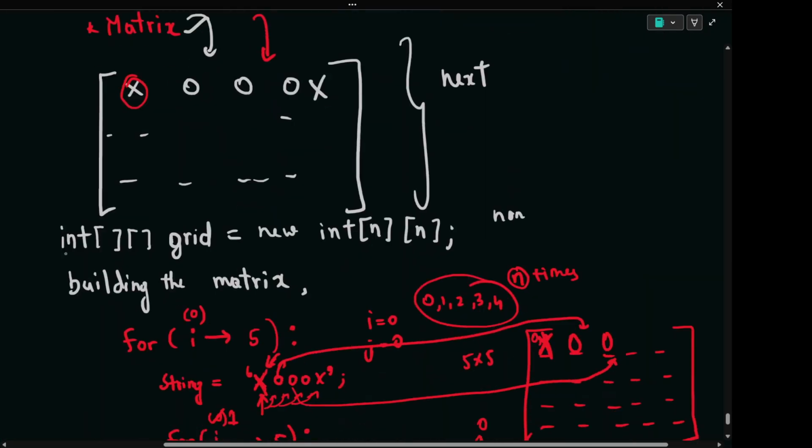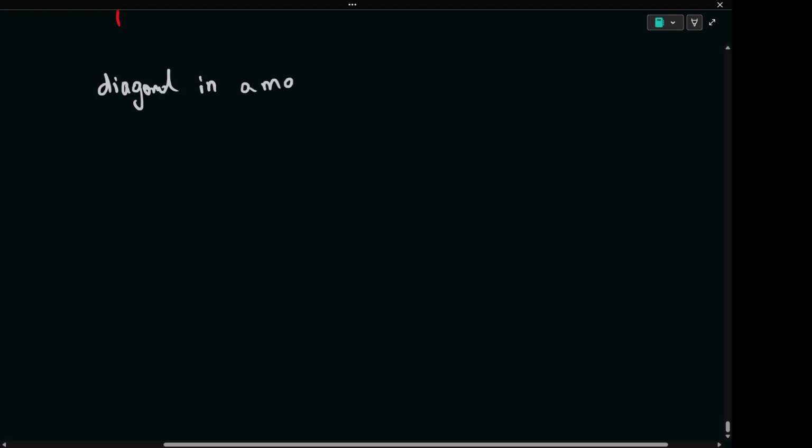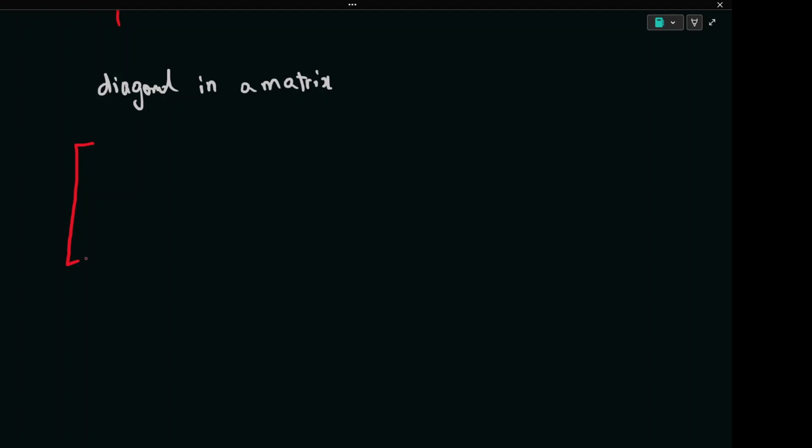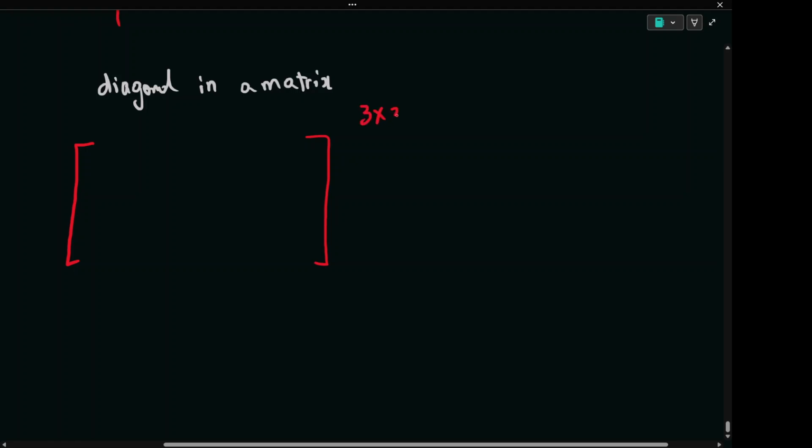So the first task for you guys is to find how to identify a diagonal in a matrix. Let's write it down, because the first thing we are going to do is check whether the diagonals have the same elements. Now I'll write down a 3 into 3 matrix.